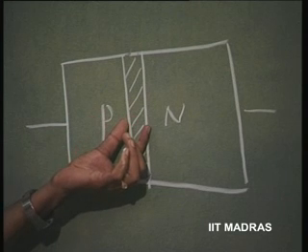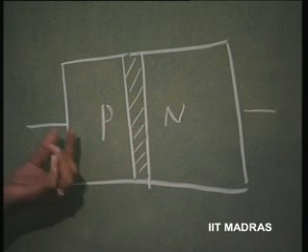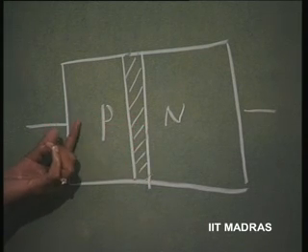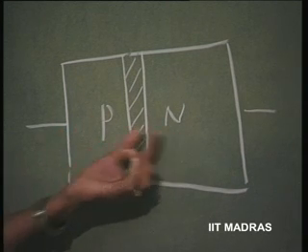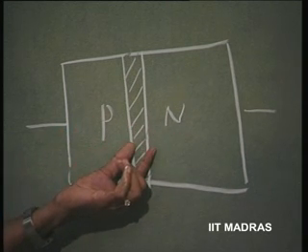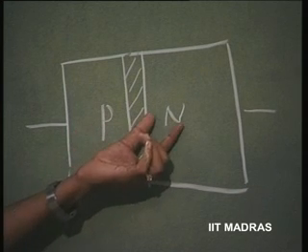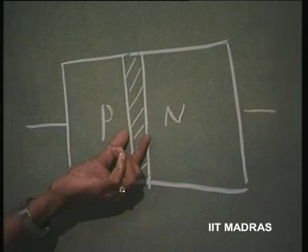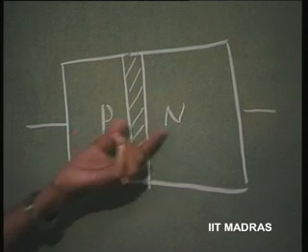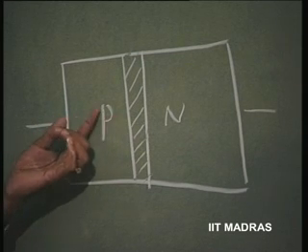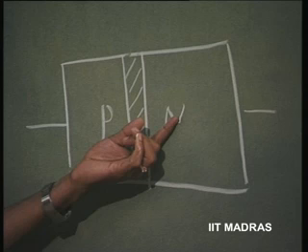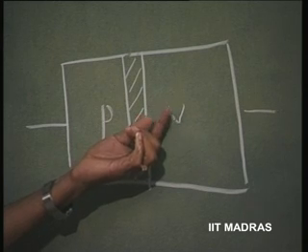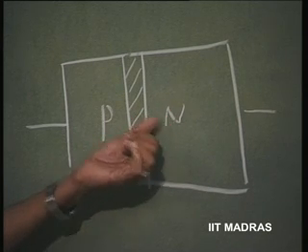Now, this junction still permits the minority carriers to easily go across, because this potential hill, which is an obstruction for the majority carriers, is an aid for them to flow freely. So, there is a field here which will help these minority carriers move from here to here, and from here to here.